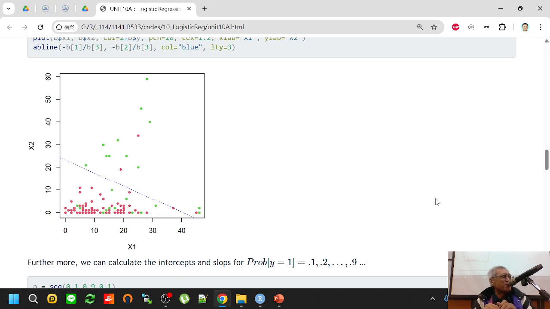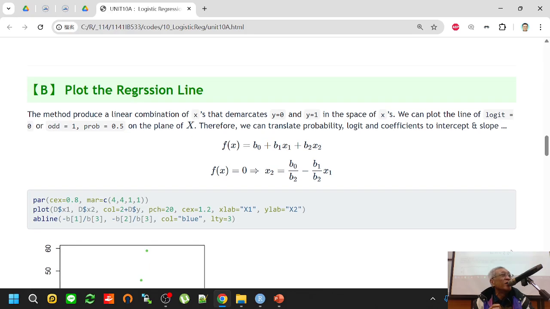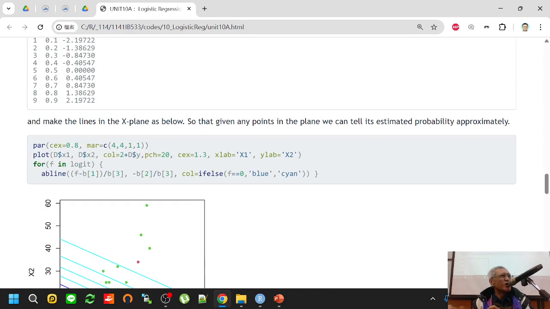It's a little bit more complicated than linear regression, but actually the transformation is quite straightforward. You just need to take some time to get familiar with it.